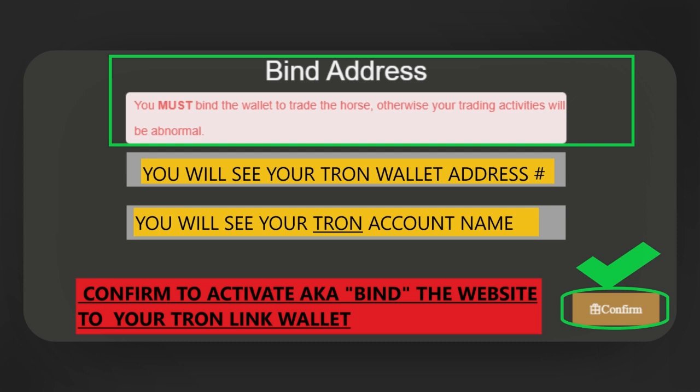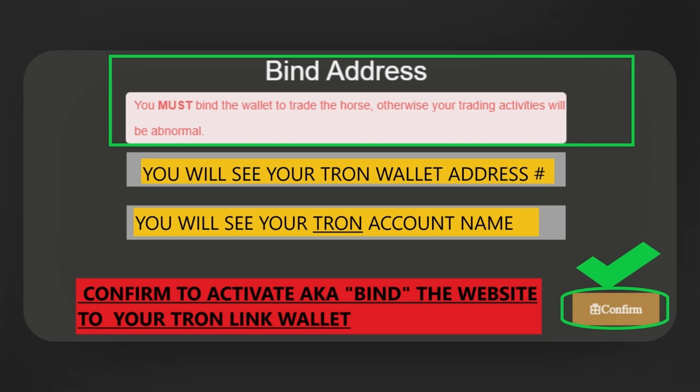In order for you to access that cryptocurrency that you created and that you have inside of your TRONLINK wallet, you must connect them. They call that binding. What I need you to do at this time is, once you have logged in, you may be prompted to bind this address to the marketplace.